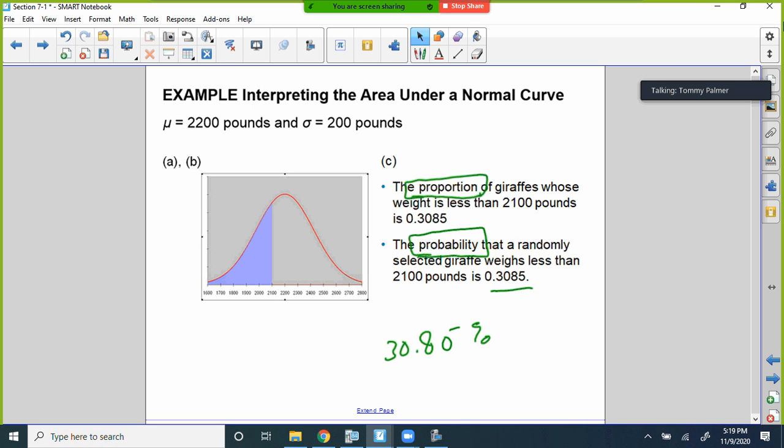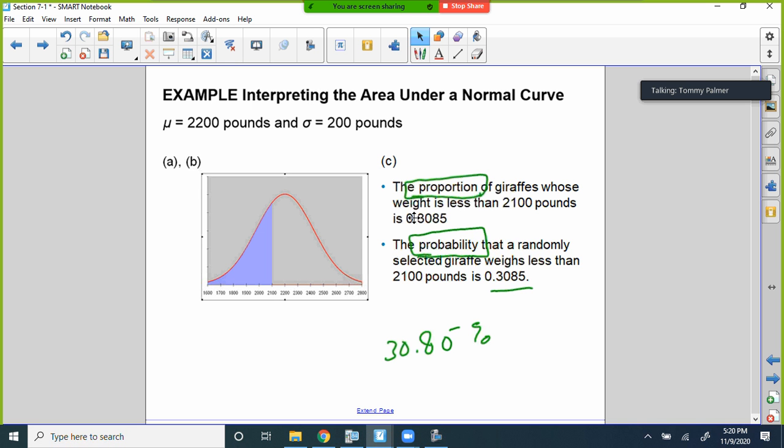So that's the big key takeaway: area under the curve. What does it mean? It's a proportion and a probability, right? How much is in the inflection points of 1, 2, and 3 standard deviations above, and then 1, 2, and 3 standard deviations below, right?